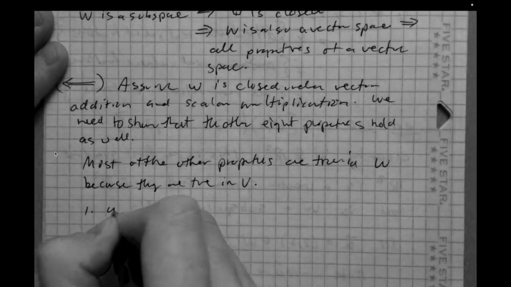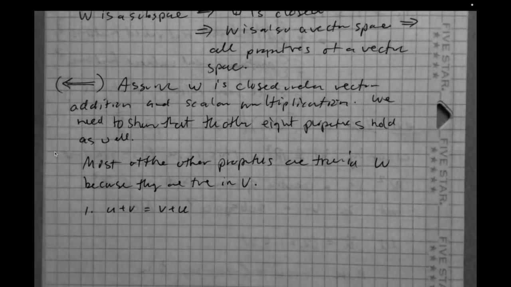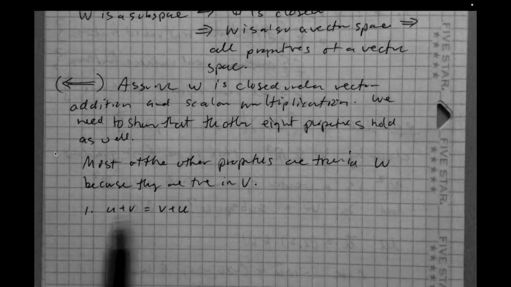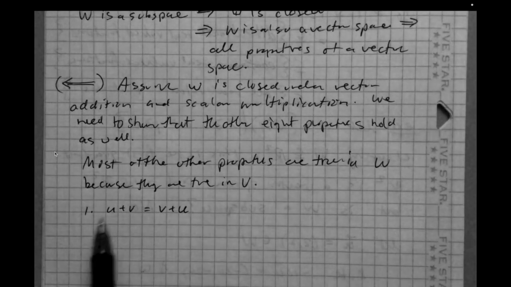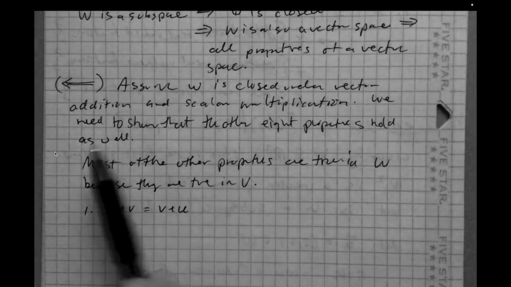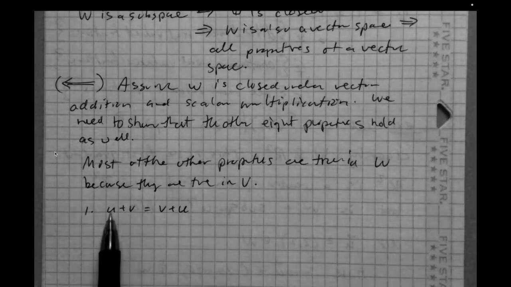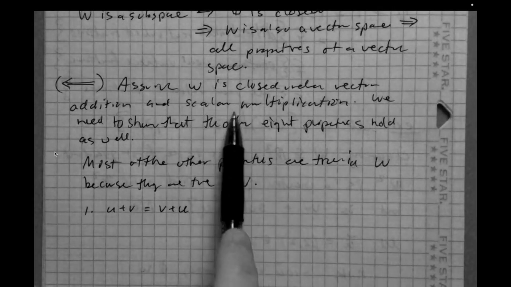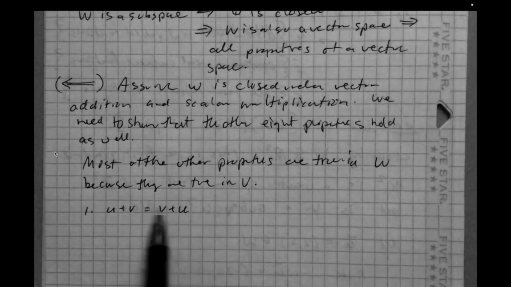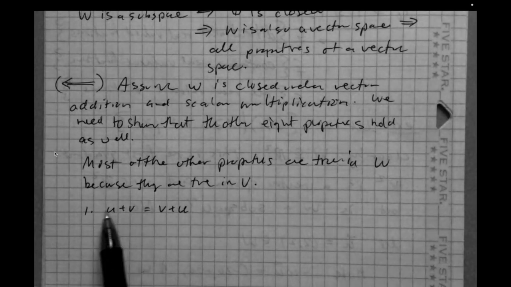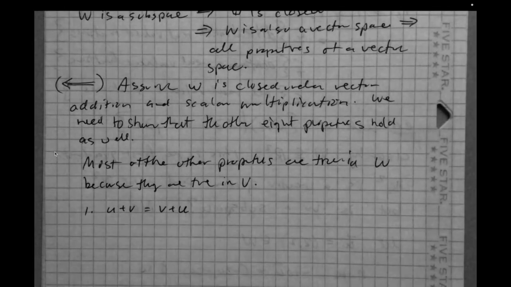U plus V equals V plus U. We know that this is true because the vector space properties of V mean that this is minimally in V, but then we also know that W is closed. If U and V start in W, because of the closure that we're assuming, U plus V has to remain in W, and V plus U has to remain in W.